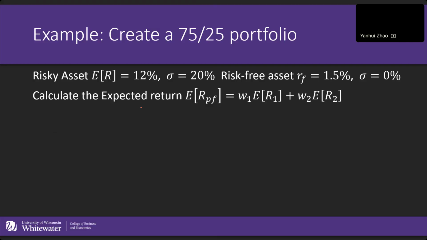The 75% is with the risky asset, the 25% is with the risk-free asset. Okay.